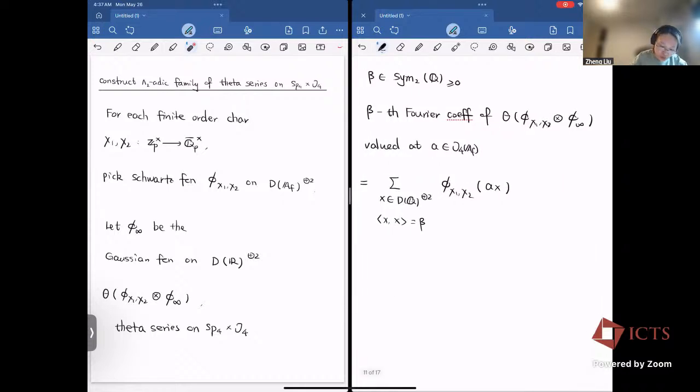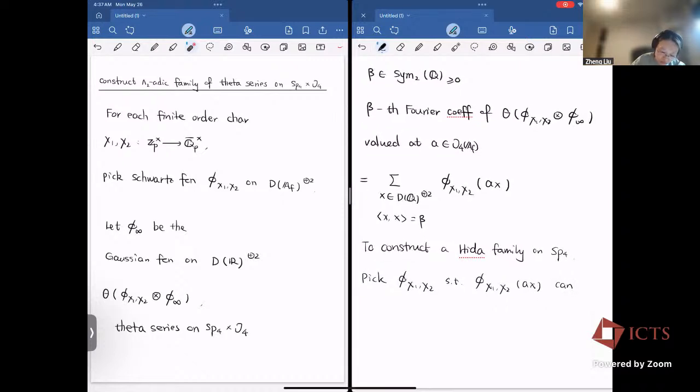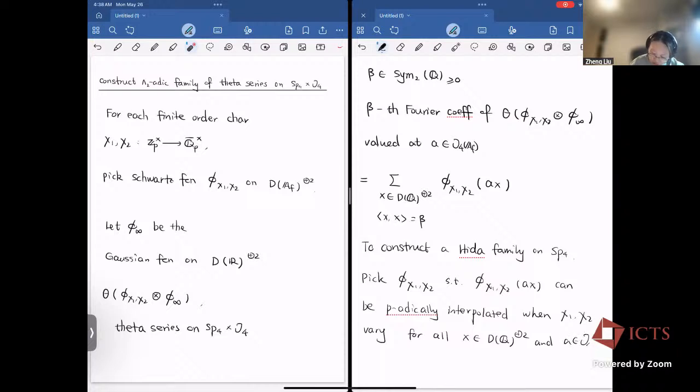So what we need, to construct a Hida family on Sp4, is to pick this collection of chi1, chi2 such that each of these values can be p-adically interpolated, for all x and the elements in O4.